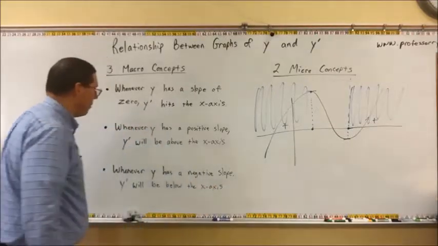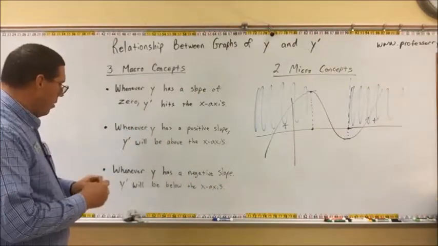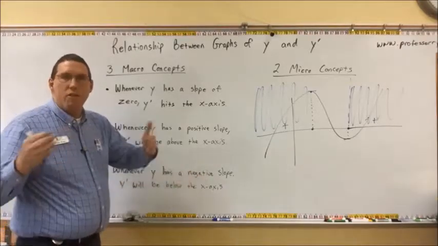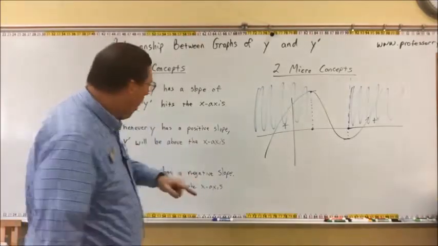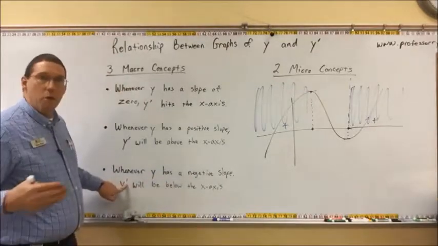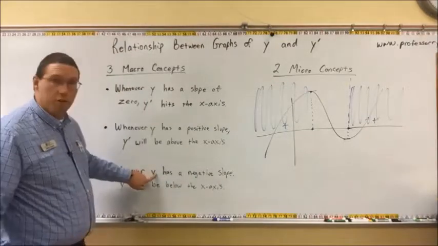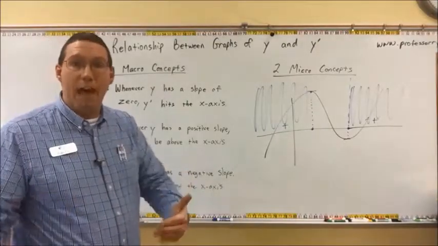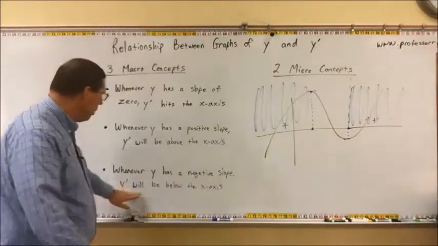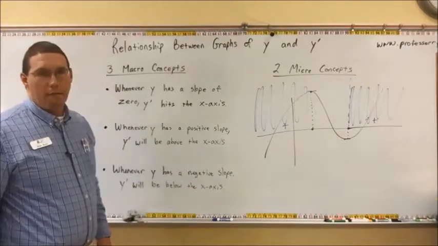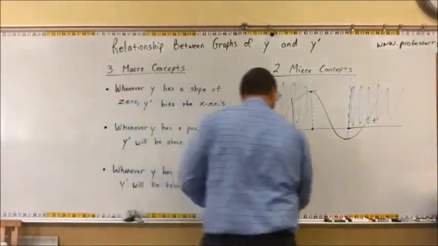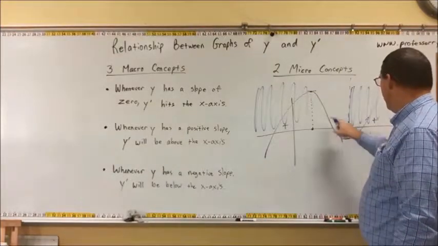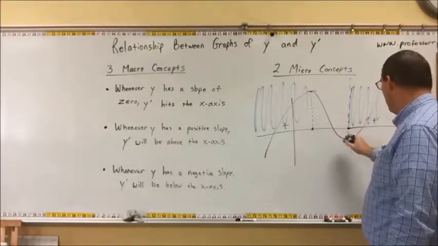And I'm going to do a bunch of examples of this in a little bit. All right, so when y has a negative slope, that means the slope is negative. Y prime, the derivative, represents the slope of the original function. Therefore, y prime is negative. It has a negative value. Having a negative value means you are below the x-axis.